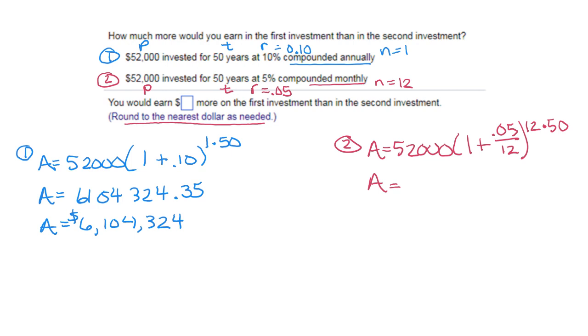And we're coming out with 630,207.927, so this is rounding to 630,208.